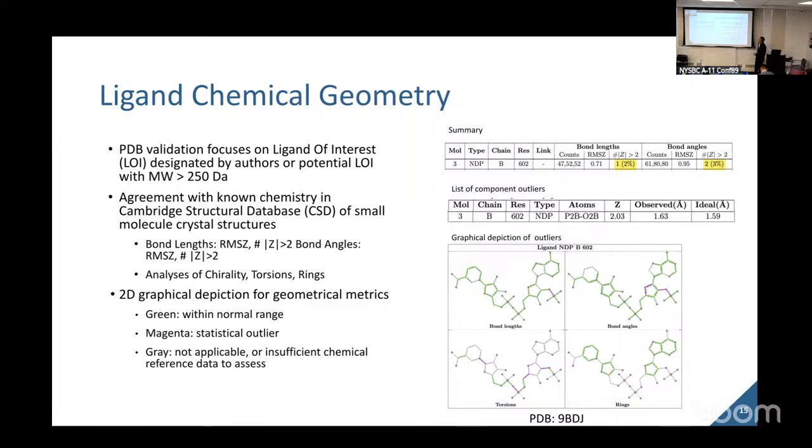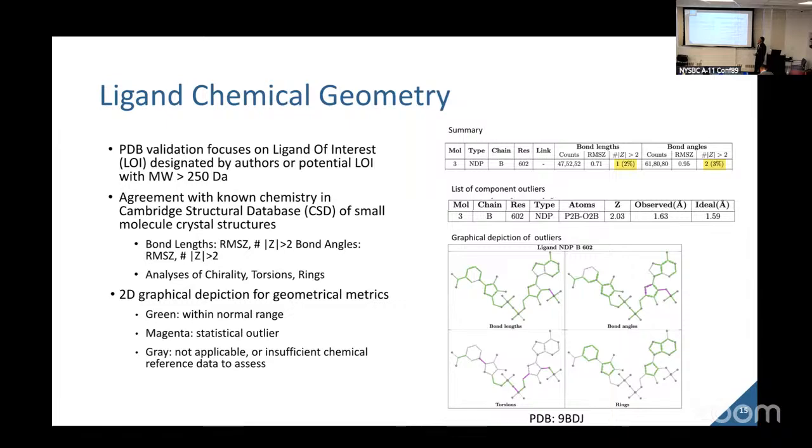It has a specific indicator because in a PDB structure there are usually multiple instances, and this is one specific instance. It has bond length RMSZ, overall quality of 0.71, which is okay, but there's one outlier.